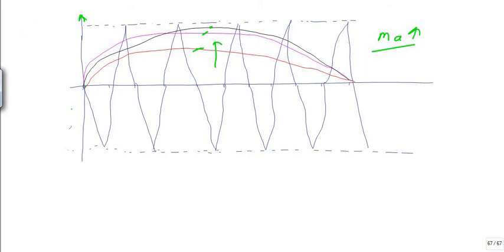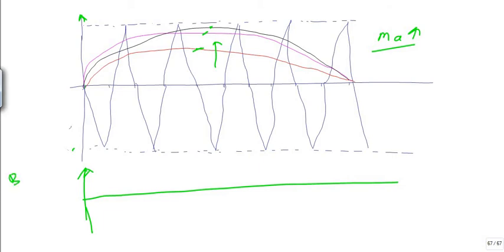Let us take the case of the bipolar technique, bipolar voltage switching. This is the control signal, and this is the triangular signal. If the control signal is more than the triangular signal, then my output voltage will be plus VD, and when the triangular signal is more than the control signal, my output voltage will be minus VD.